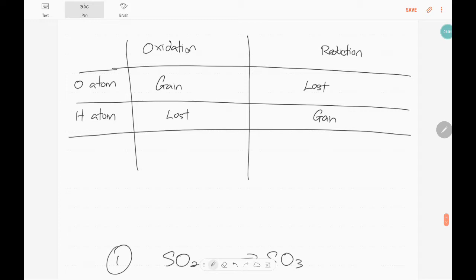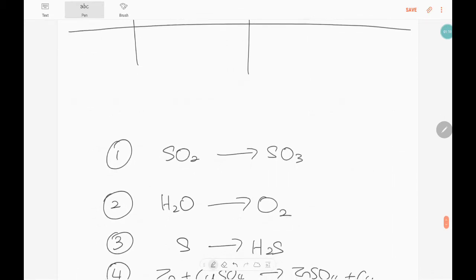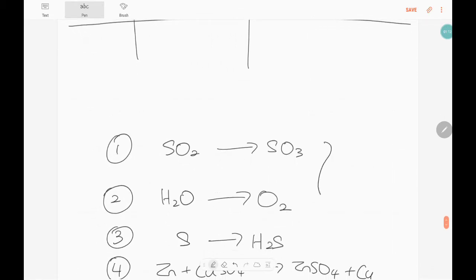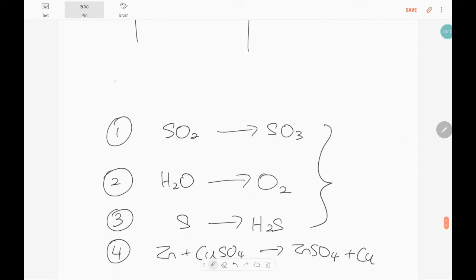So let's quickly try these three questions. Could you spend some time to try to answer these three questions? Could you explain whether or not SO2 has been oxidized or reduced, whether H2O has been oxidized or reduced, whether S has been oxidized or reduced.